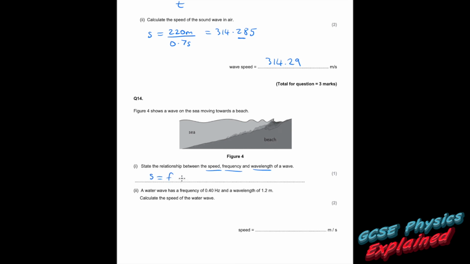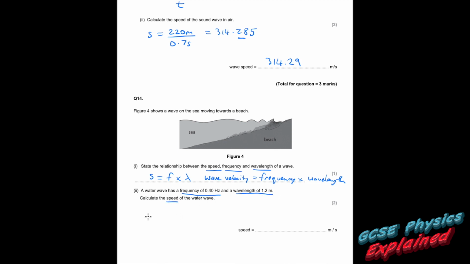Speed equals frequency times by wavelength. That's the wave equation. You'll sometimes see it as wave velocity equals frequency times by wavelength. A water wave has a frequency of 0.4 Hz and a wavelength of 1.2 metres.